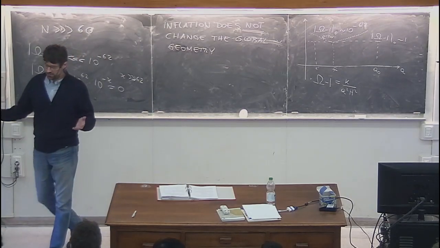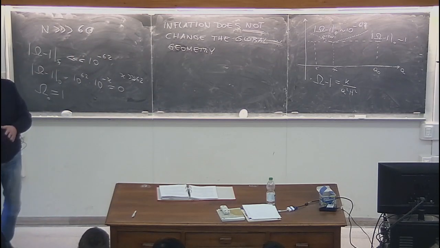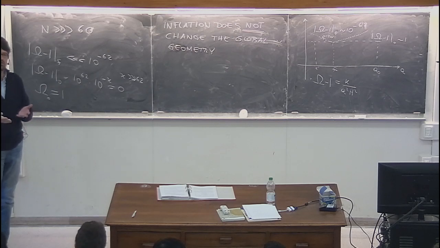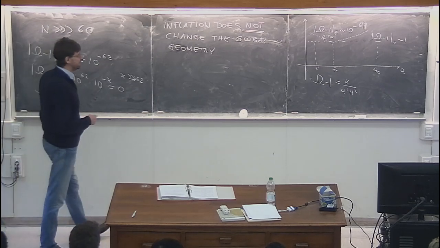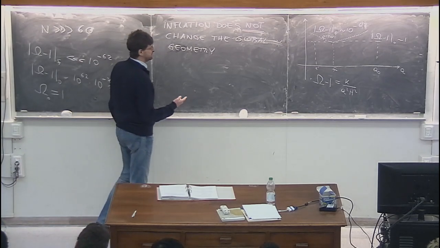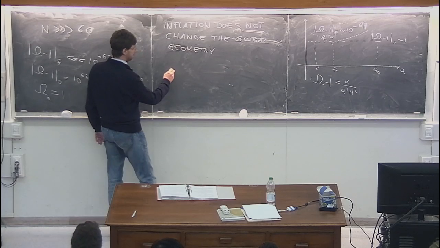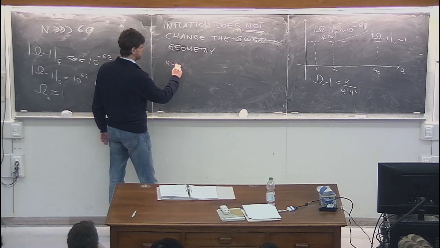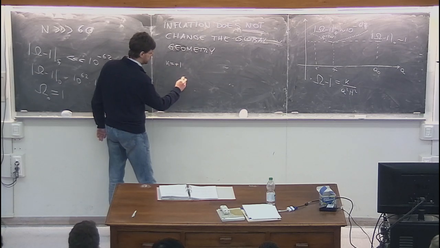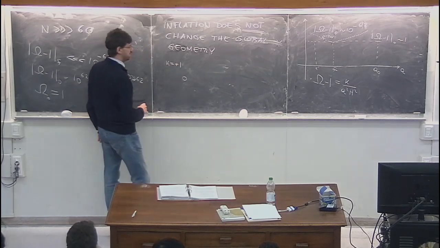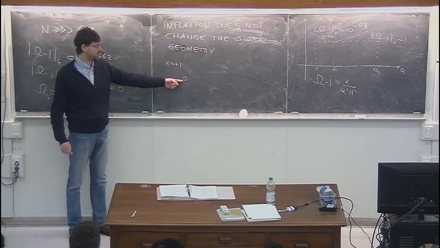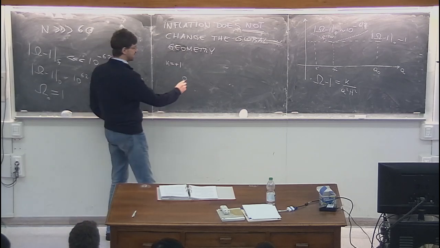If the global geometry of my universe is that of the sphere, even when inflation has finished, the geometry is still that of the sphere. What inflation does is it changes the local geometry. Suppose that you start from a k equal to plus 1 universe, and you have the geometry of a sphere, which I put very small here. Then inflation is taking place.